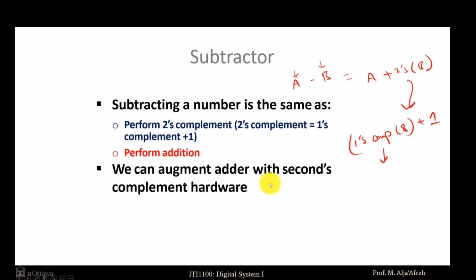Okay, but this design, guys, this design is expensive because basically we changed the whole full adder into a full subtractor. So can we use the same hardware to do both addition and subtraction?